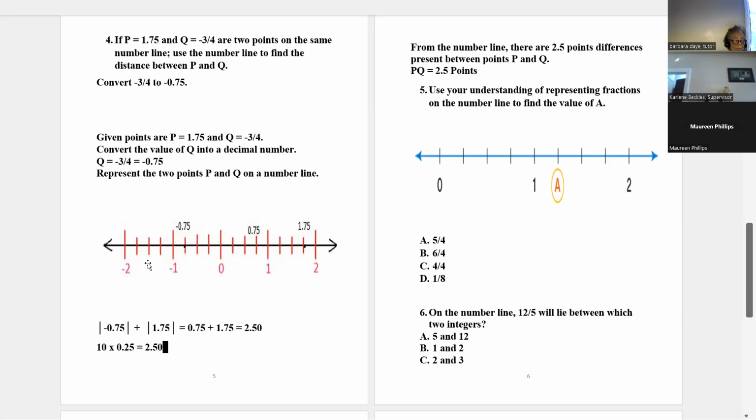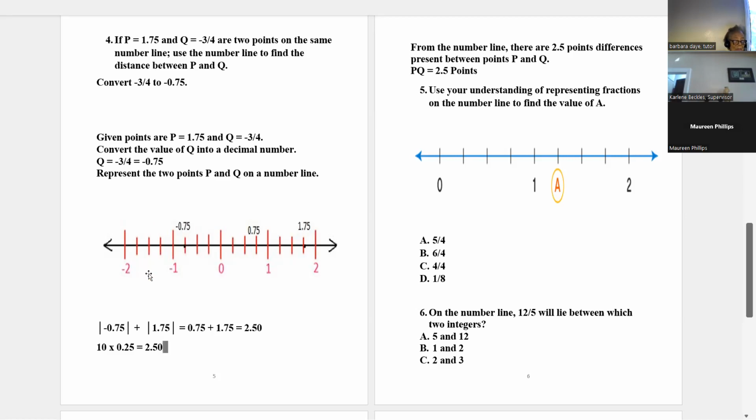Midway between a minus 1 and a minus 2, what would it be? I don't know, Miss Barbara. This is confusing. Midway between $1 and $2 is $1.50. That's right. So this would be a minus 1.5.